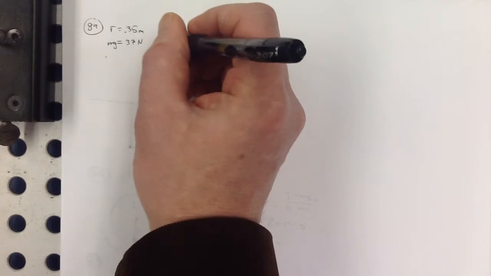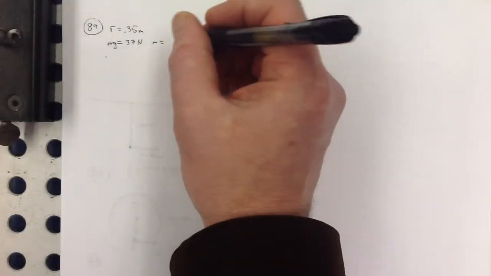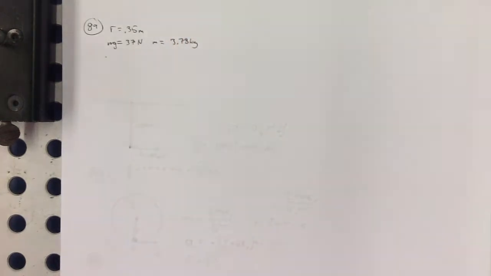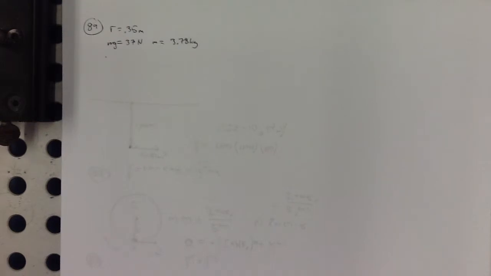So that means the mass is 3.78 kilograms. Now, what's all this stuff about the axle and spokes of negligible mass and a thin rim?